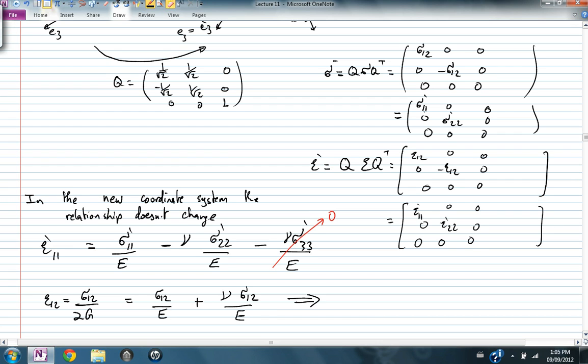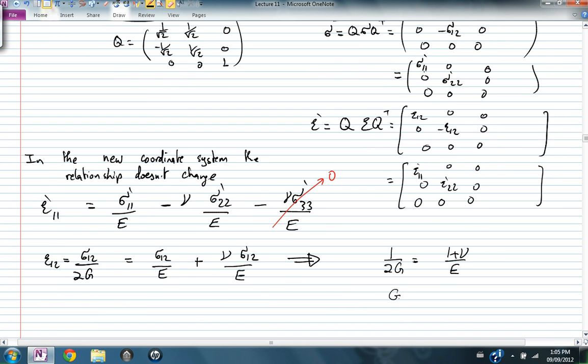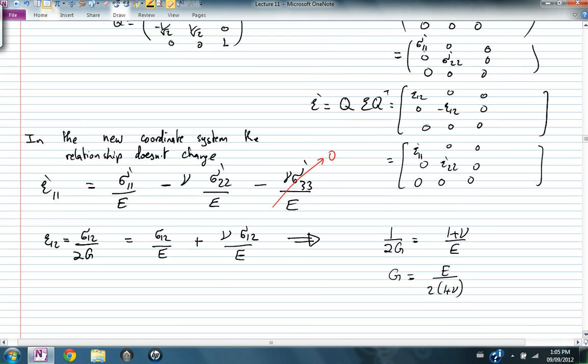From here you're going to find that 1 over 2G is equal to 1 plus Poisson's ratio divided by E, from which you obtain that G is equal to E divided by 2 times 1 plus Poisson's ratio. So basically what we did here is the following.